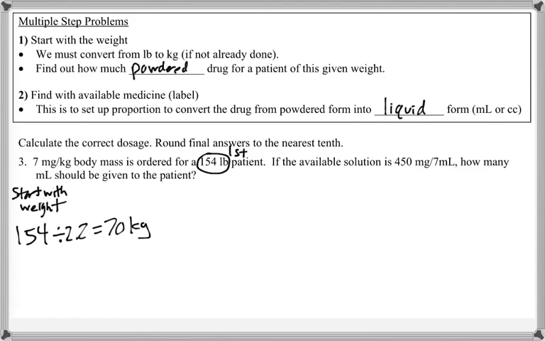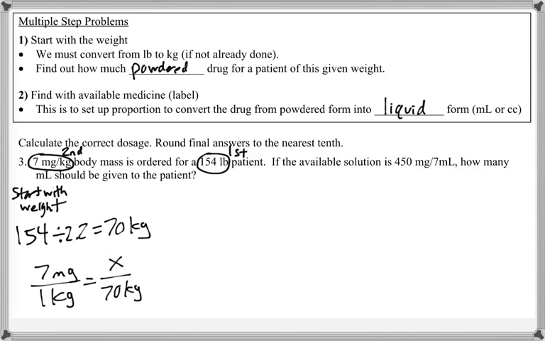Next, I want to figure out how much powder drug to give a patient of this weight. So I need to find the rate that has the kgs, and that would be right here. So I'm going to use this second, and I'm going to set up my proportion, 7 milligrams over 1 kg, and I'm matching up the kilograms.